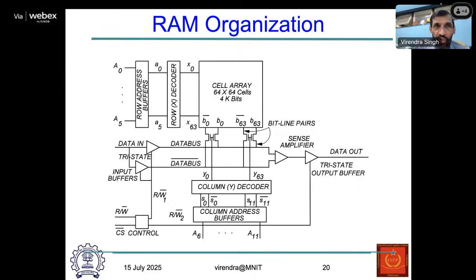Even if you look at the microprocessor, there are a whole lot of memory components inside the design that do a lot of predictions, etc. 90% of the area of the SOC is consumed by memory, and therefore memory is a very interesting design.